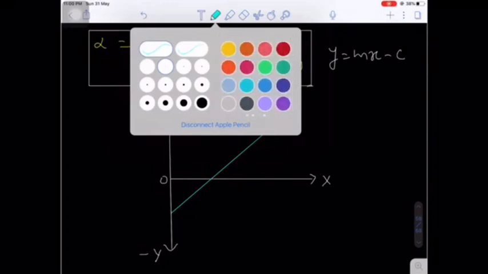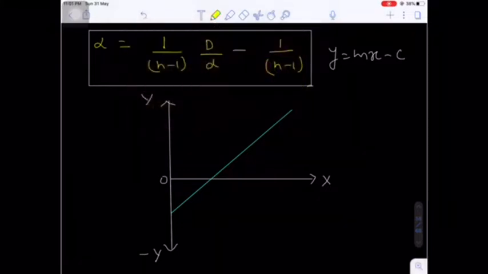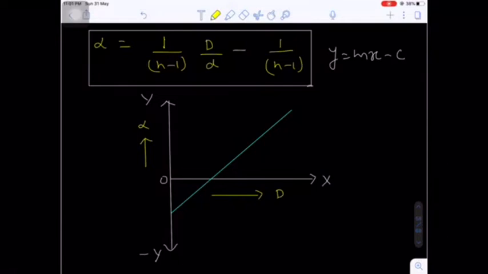Okay, from this graph what did I conclude? On the y-axis I am taking alpha, on the x-axis I am taking capital D by small d.